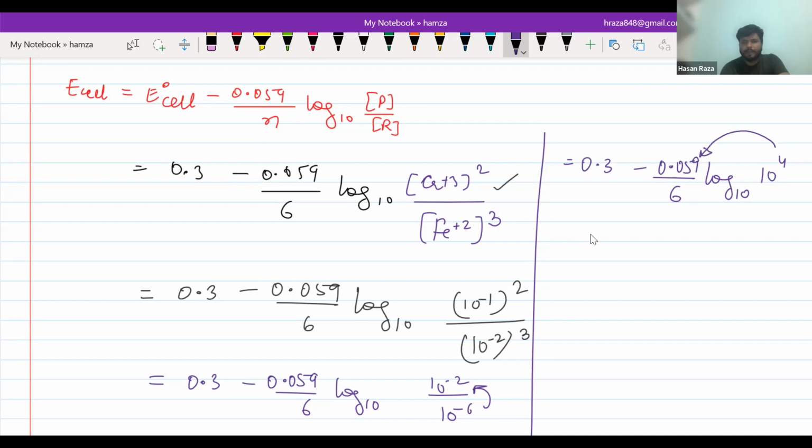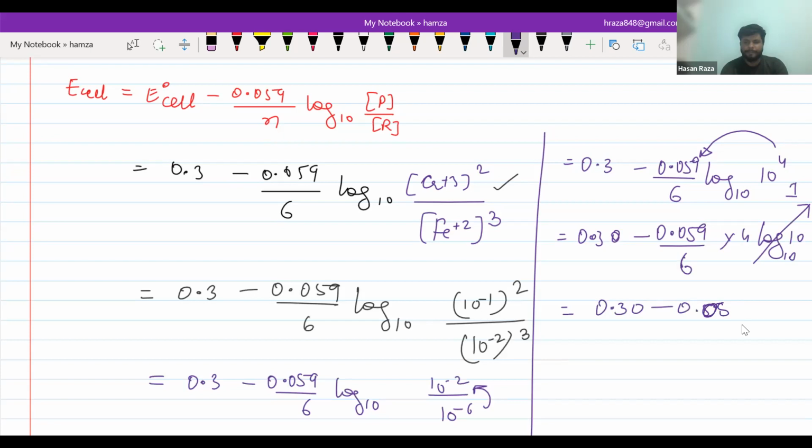Again, this will come here, and 0.30 minus 0.059 upon 6 into 4 log 10 to the base 10. This will have a value 1. And now, can you solve it or not? You both are not doing anything at all. 0.059 upon 6 into 4. Just solve it and you will get your answer.